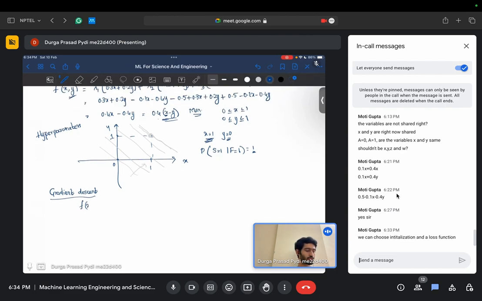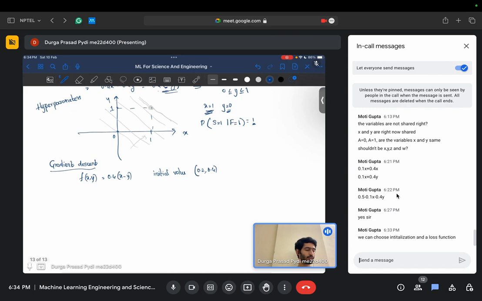I have my loss function as 0.4 times x minus y, and what will I choose as my initial value? Say I randomly got some values 0.2 and 0.4. Now say I've chosen a learning rate of 0.1. I need to ask only two questions now.